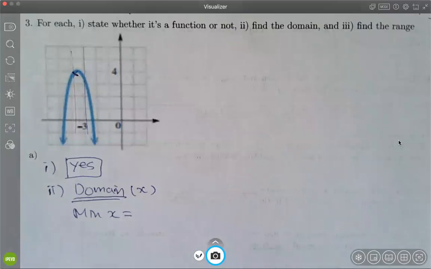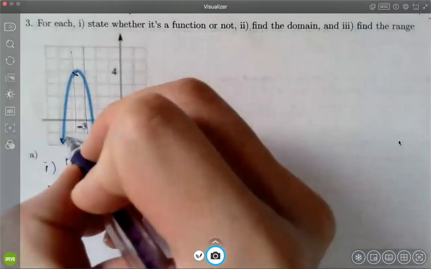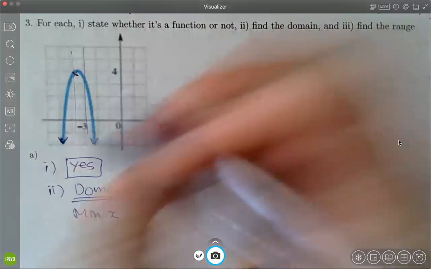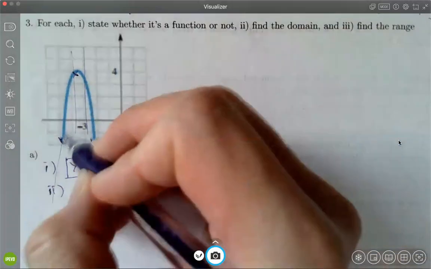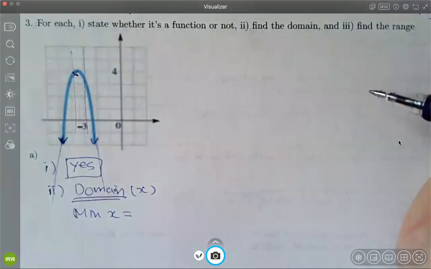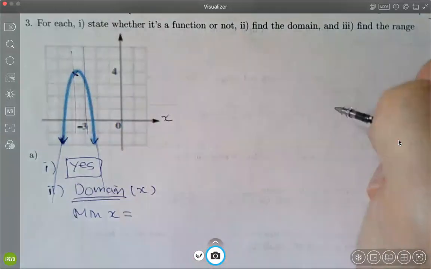Negative infinity? Negative infinity, yes. Do you see why? Okay. Now, at the bottom of this curve, you see these 2 arrows? What does that mean? The graph will keep going down, right? Extending like that. Now, the domain is the x values, so look at what is going on in terms of the x values.